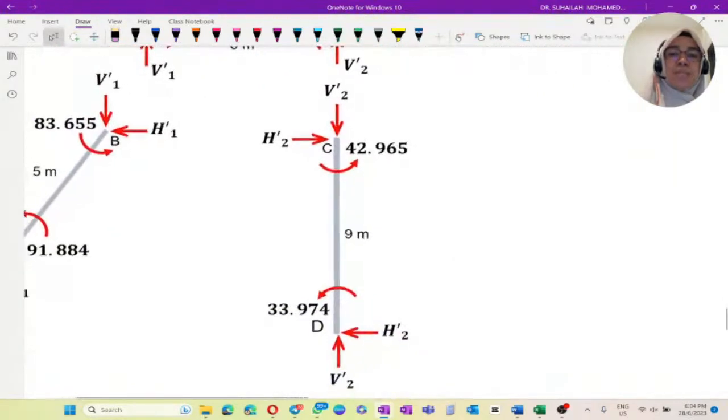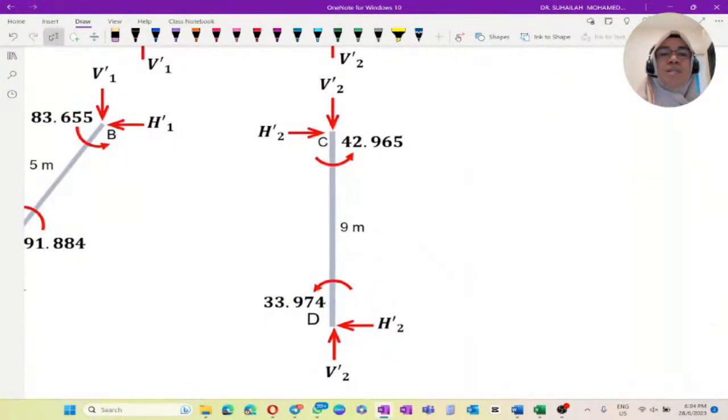Look at member CD. For member CD, at D we normally have dx and dy. Now the dx and dy are written as V prime 2 and H prime 2, V for vertical reaction and H for horizontal reaction.